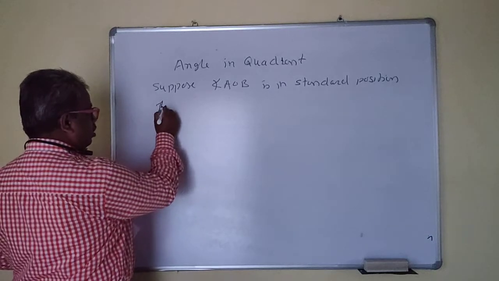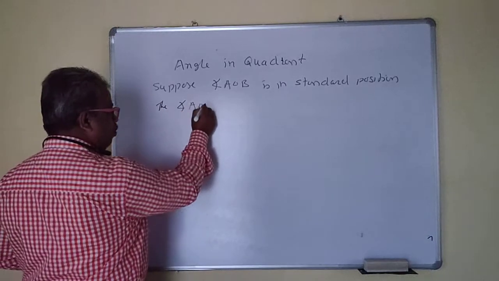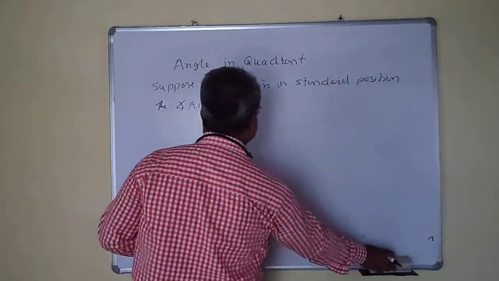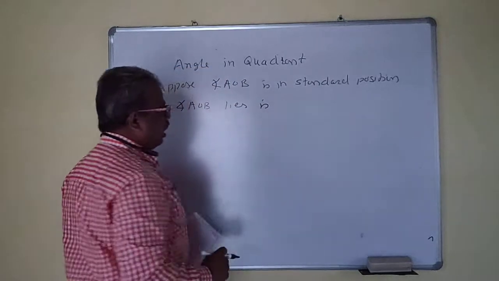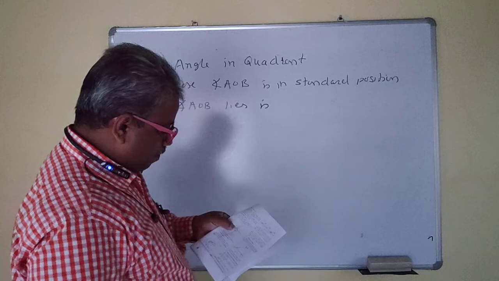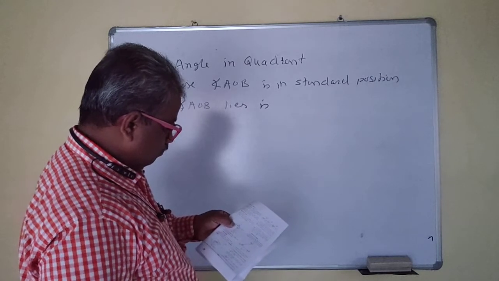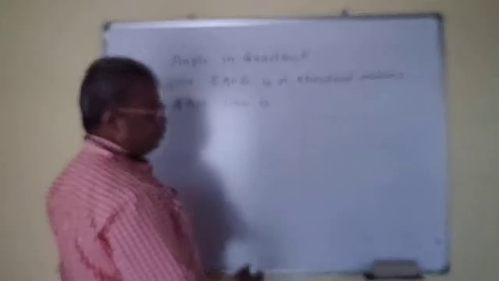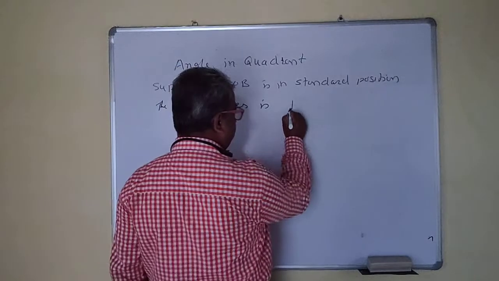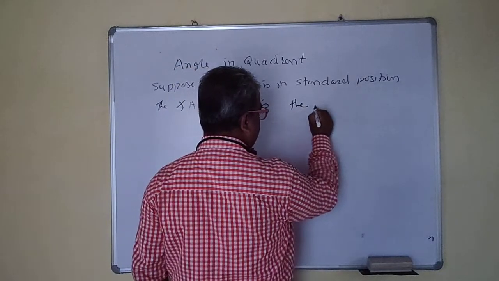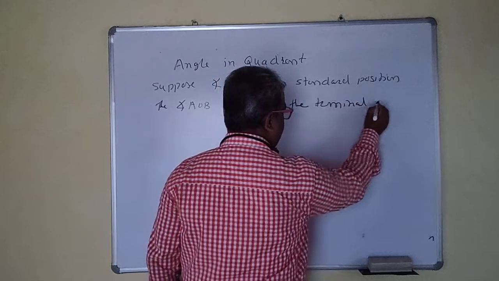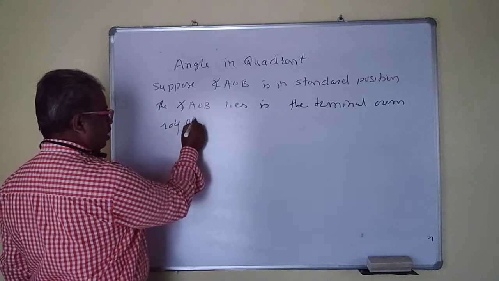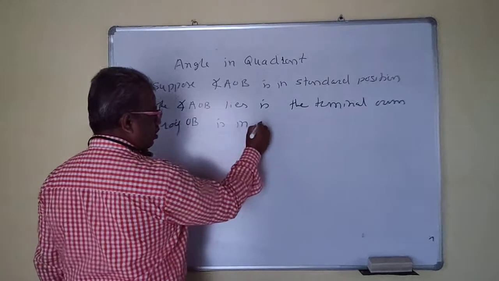The directed angle AOB lies in the first quadrant if the terminal arm, ray OB, is in the first quadrant.